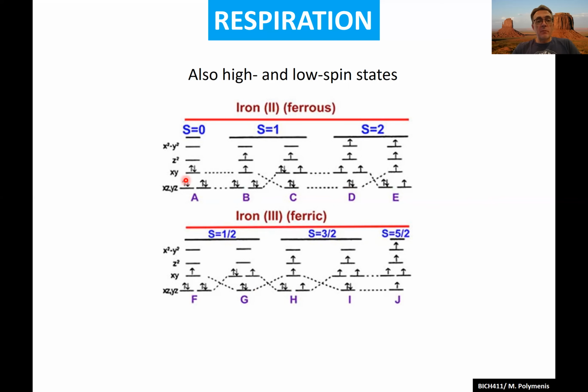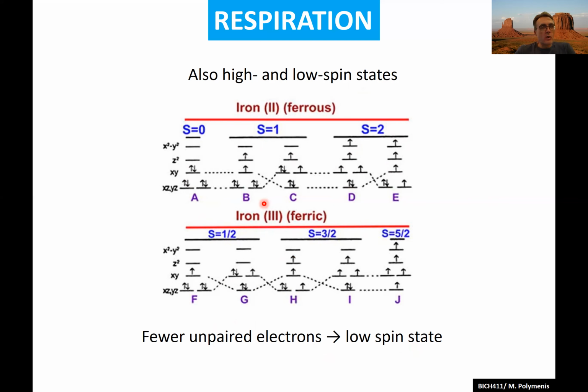If you count the unpaired electrons in iron 2, you find we have 12. So one less, okay? So why is that significant? Well, the fewer unpaired electrons you have, then you are in a low spin state. Why do we care about the spin state? So, which means, of course, that iron 2 is in a lower spin state than iron 3, okay?